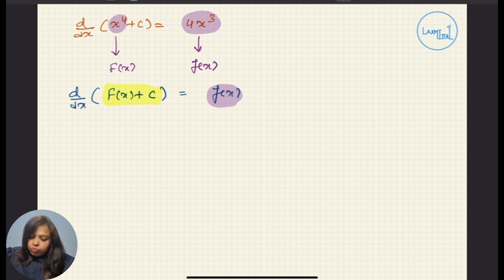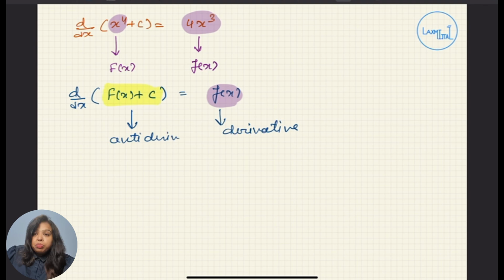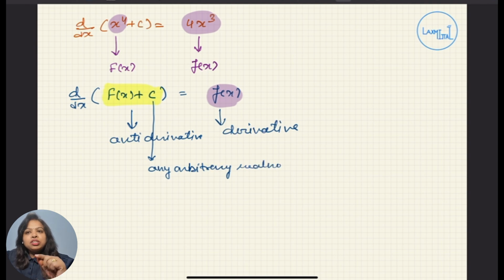If you know the derivative, then you can find the antiderivative F(x) plus c. And the presence of this c, because it is a real number, is making it indefinite. So c is any arbitrary real number, and due to the presence of c, this is called indefinite integration.